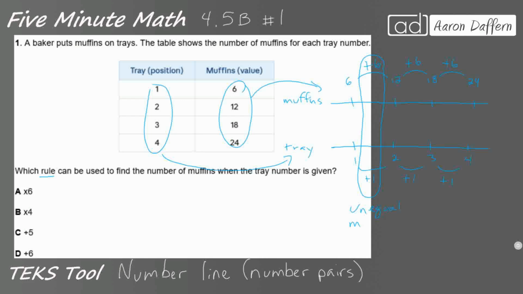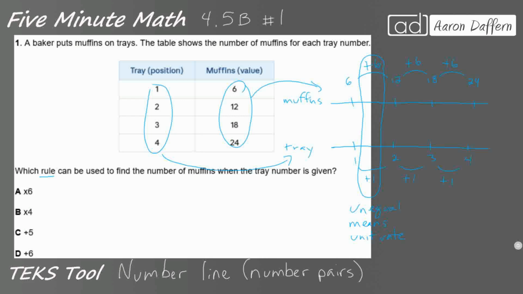When we have unequal changes, that means we have a unit rate, and it's going to be multiplication. If the trays were to go up 1 and the muffins were to go up 1, then that would be additive. So if it's the same change between the top and the bottom, that means we're adding. If it's a different change across the top and bottom, that means we are multiplying.